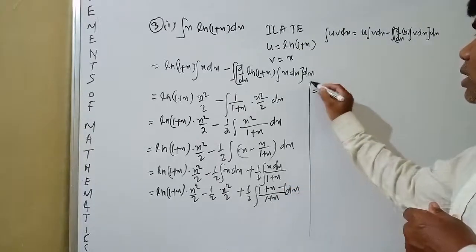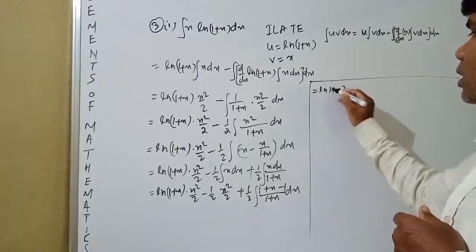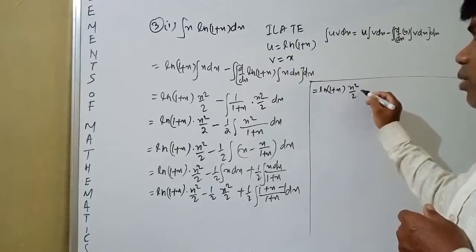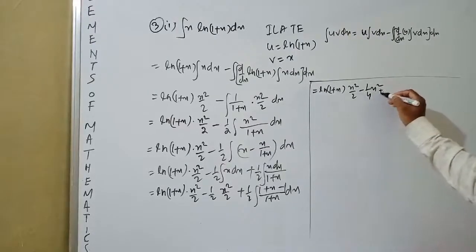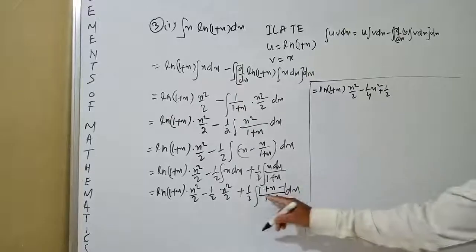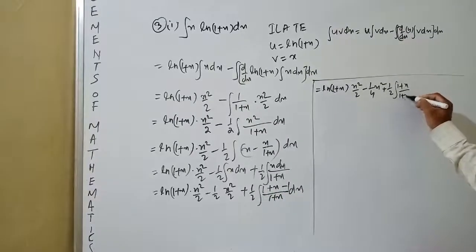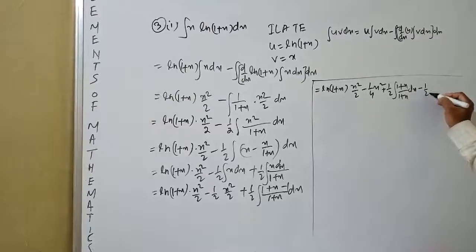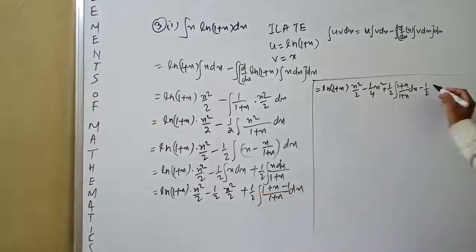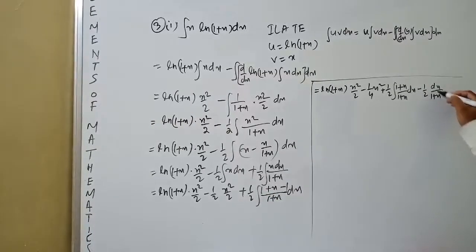This is equal to ln(1 plus x) times x square by 2, minus 1 by 4 x square, plus half of the integration of (1 plus x) by (1 plus x) dx, minus half of the integration of dx by (1 plus x).